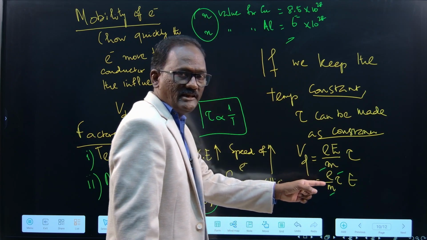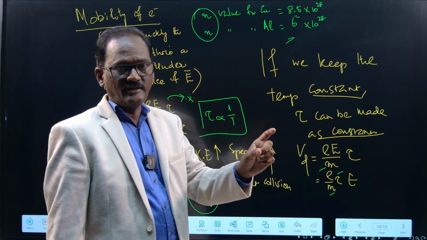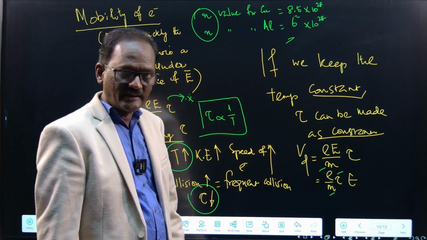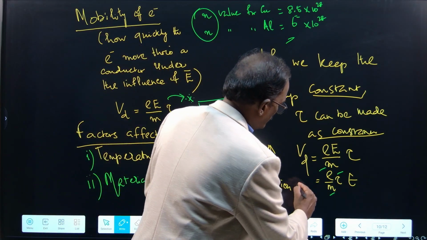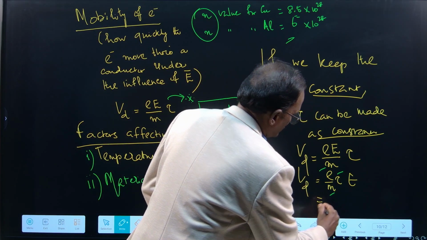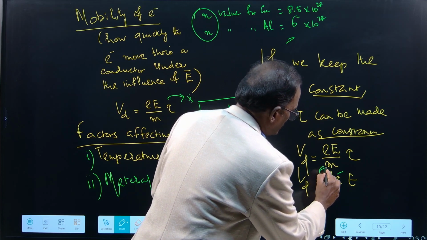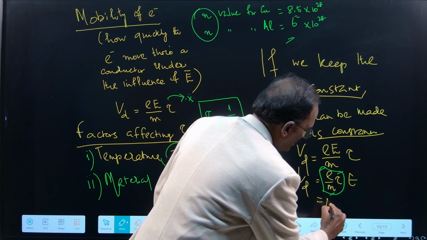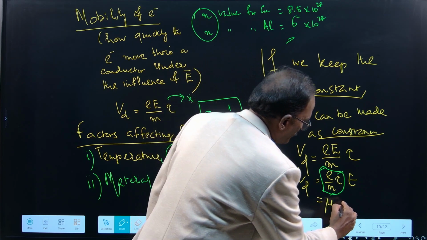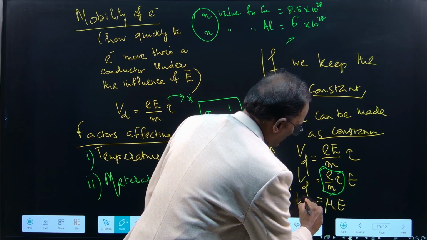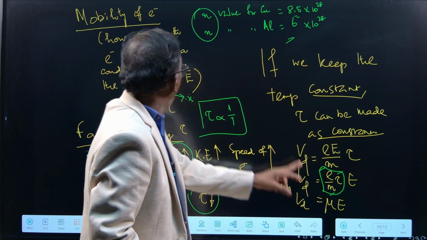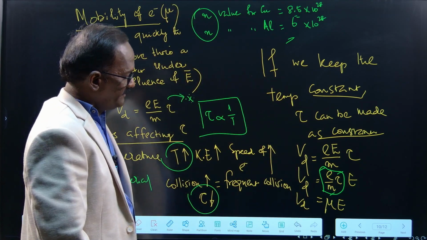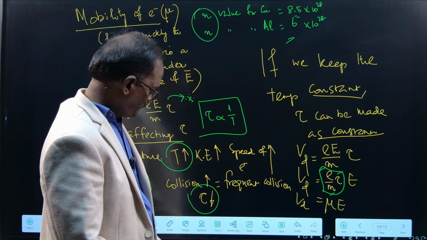Only E, the electric field, is variable. If we change the voltage, E can be varied. So Vd is equal to, now all these constants are made into another constant. Let us say this is mu. Mu is the mobility of electrons. Vd is equal to mu E.